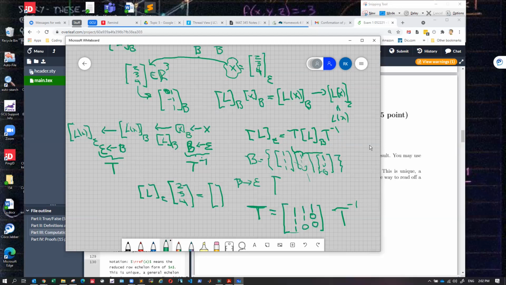The order in which you're doing things is kind of the other way. You're going in one side and out the other. You apply T inverse first, then the transformation, then T. That's literally what everyone in the class did: you computed this thing, applied that matrix, and then computed this thing.